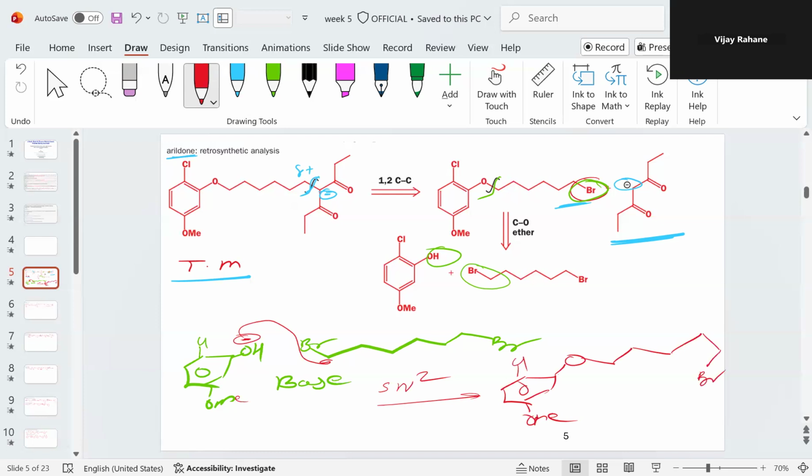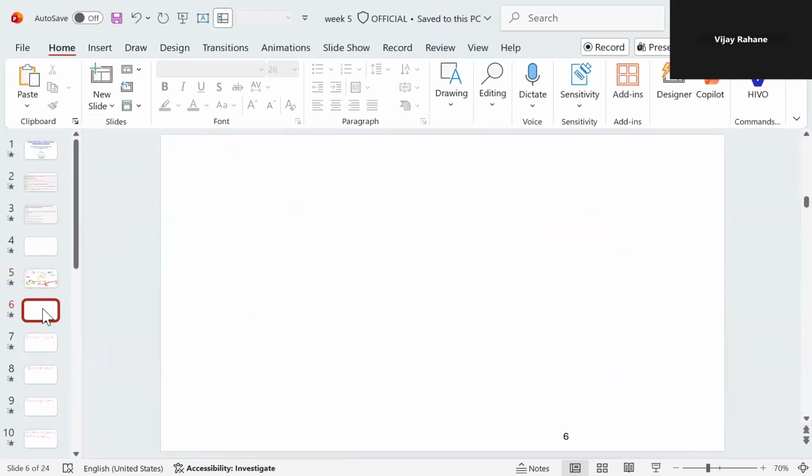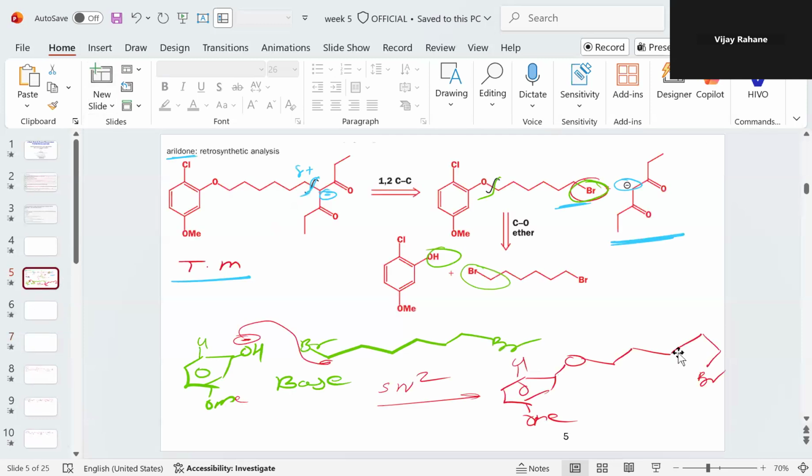Right, now another step is the addition of this bromine part to the malonate sort of group. If it was the ester, then it would be the malonate.